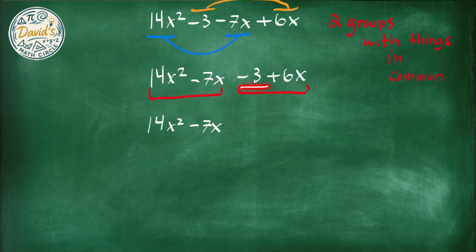So I will replace it: plus 6x minus 3. Here it goes. So now my 2 groups are placed like I want. I have the first group and the second group.